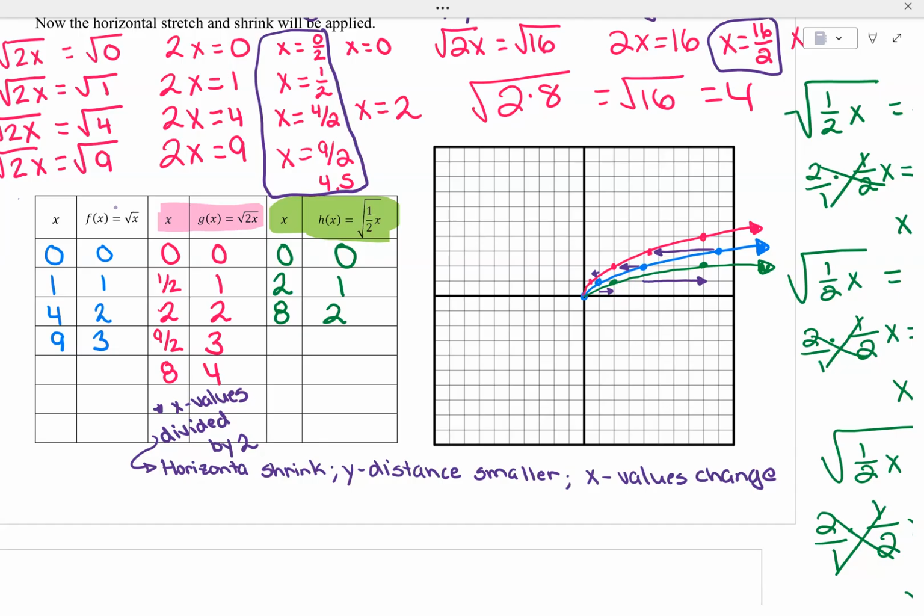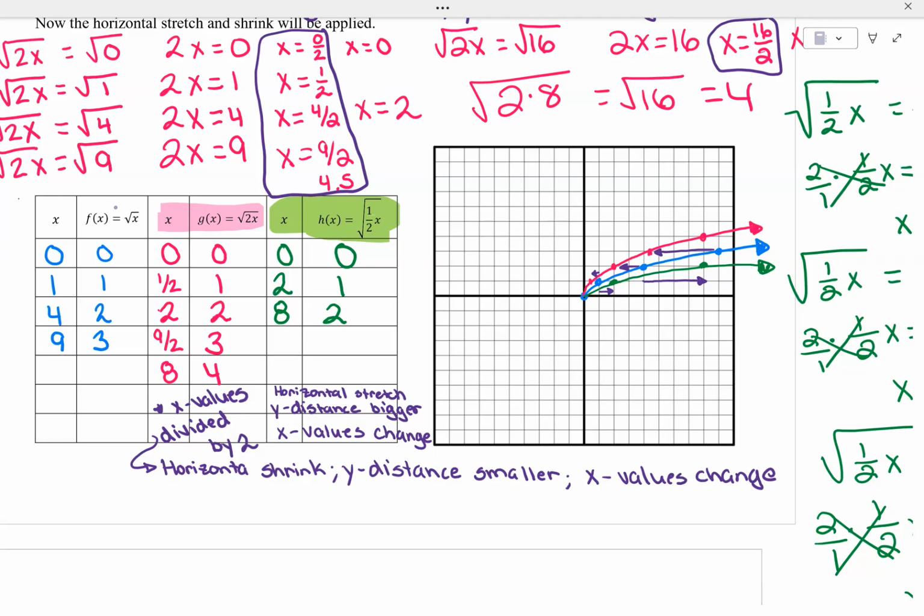Okay, we have, I'm going to try to squeeze it in here, a horizontal stretch, because I'm getting farther away. My y distance got bigger, and my x values changed.